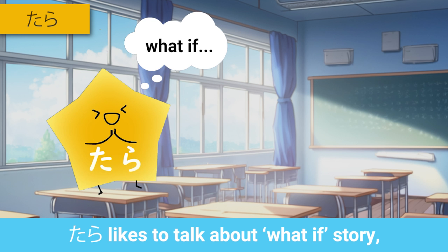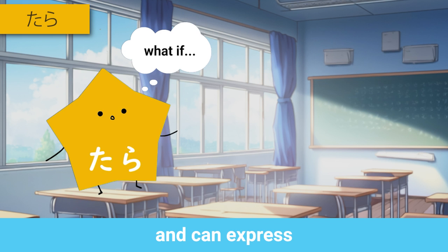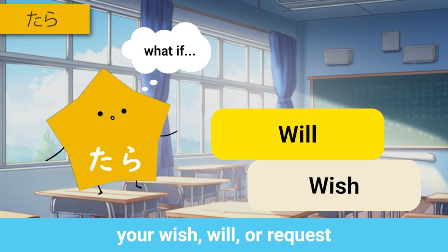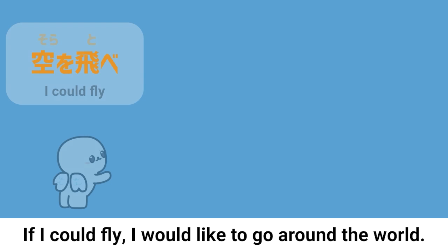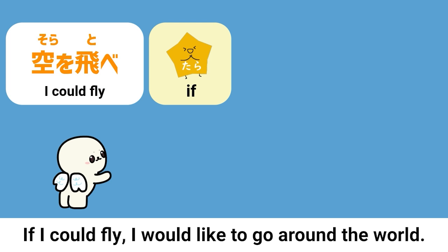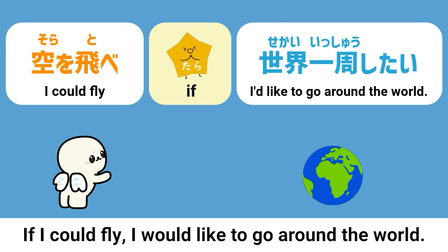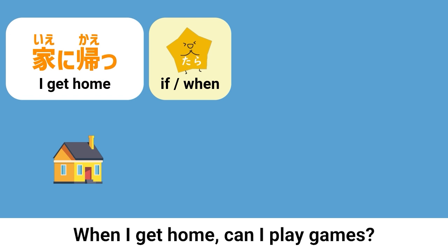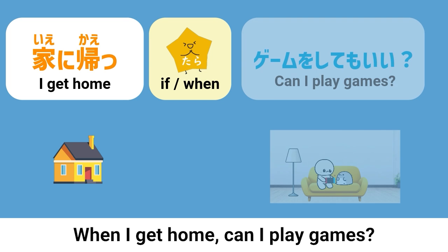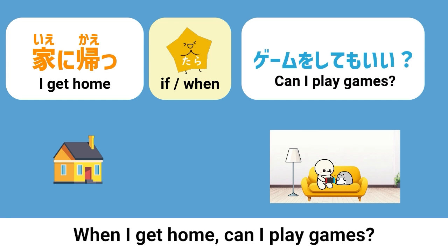たら likes to talk about what-if story and can express your wish, will, or request in the outcome part. 空を飛べたら世界一周したい. This is describing your wish. 家に帰ったらゲームをしてもいい?